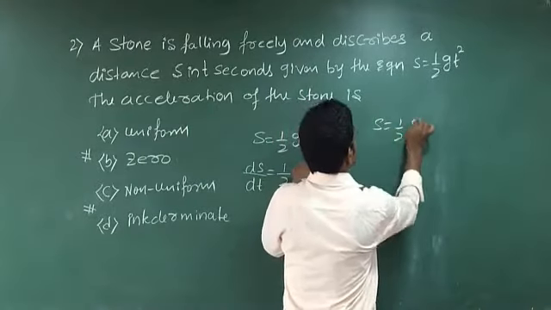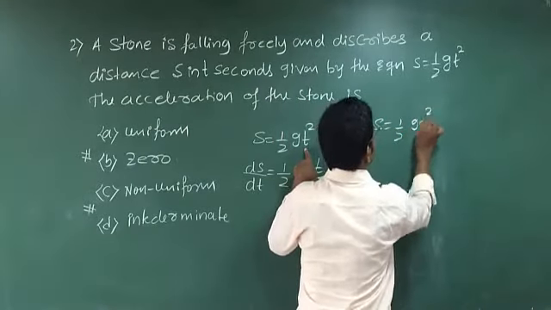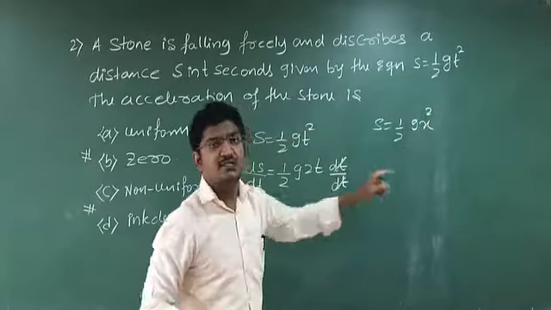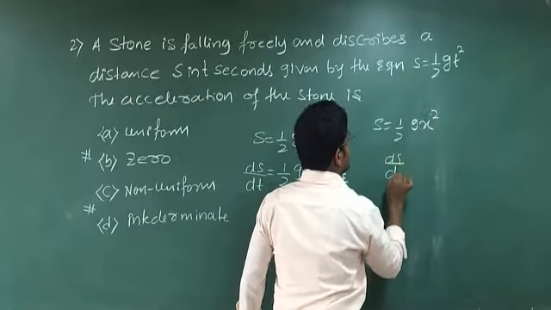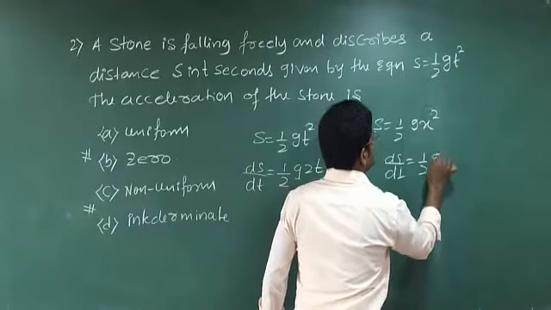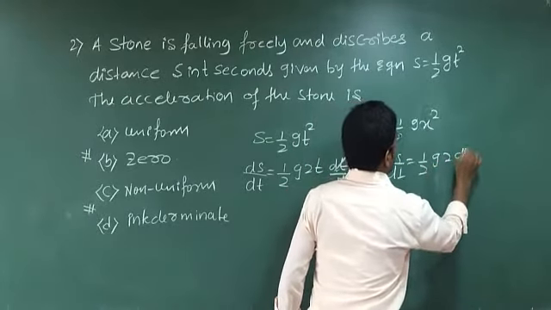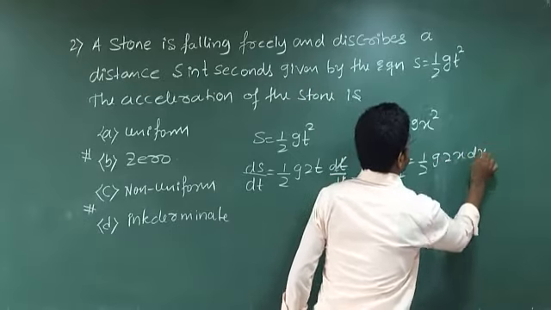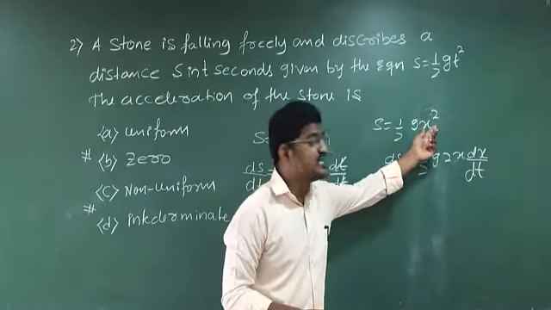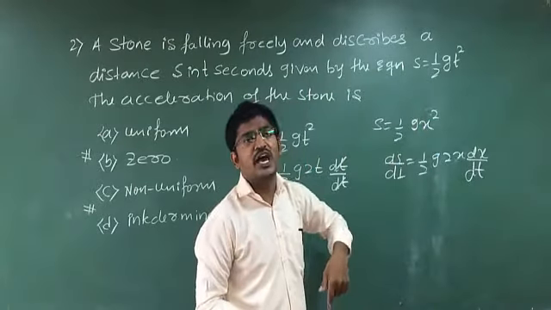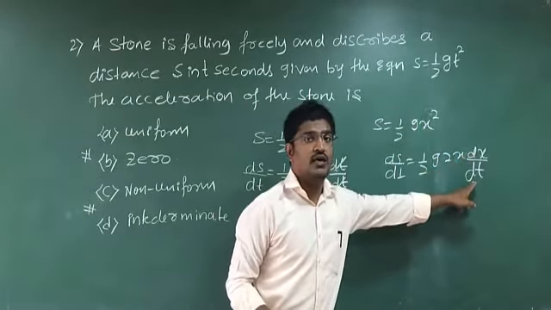Yes, 1 by 2 g x square. The same term was like this, means you are going to write ds by dt as 1 by 2 g into 2x dx by dt, because here the variable is x, and you are differentiating with respect to time, so it will be dx by dt. Are you getting my point?